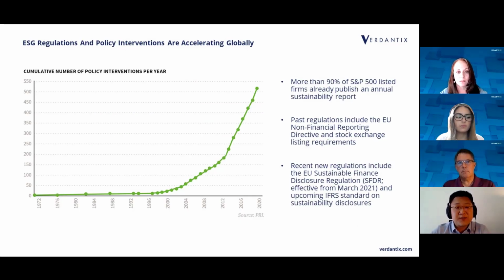Now, we are also seeing increasing regulatory intervention accelerate demand for ESG visibility. This chart here comes from data by the UNPRI, and it very visually illustrates this growth in regulatory interventions. Recent regulations we've tracked include the EU Sustainable Finance Disclosure Regulation, which came into effect earlier this year.